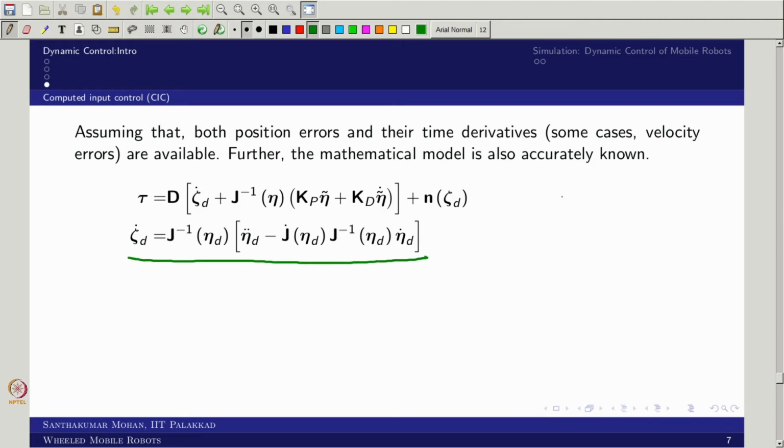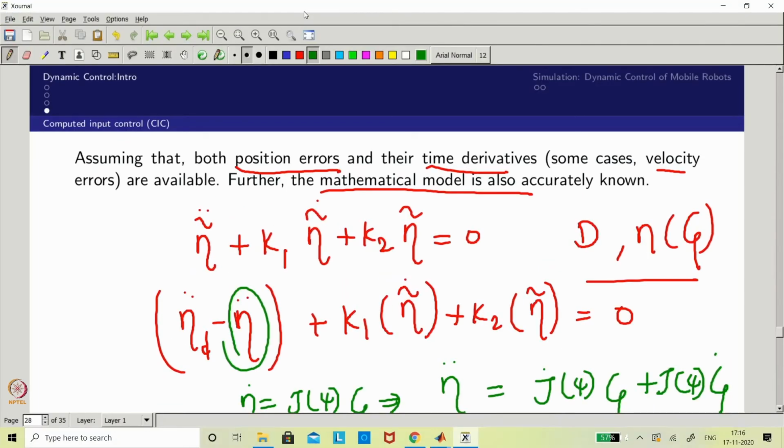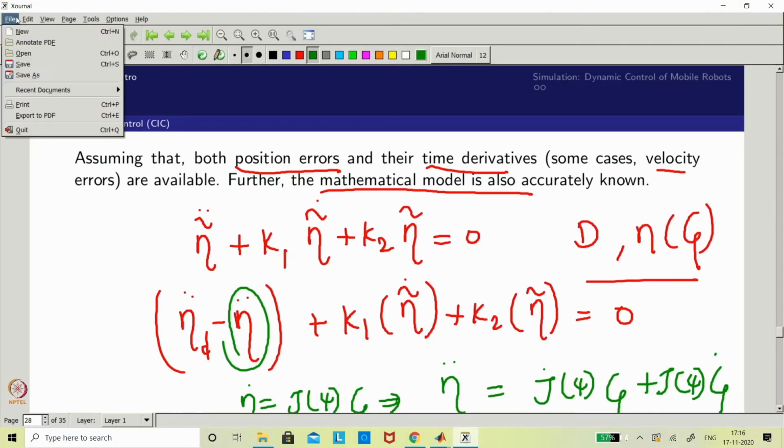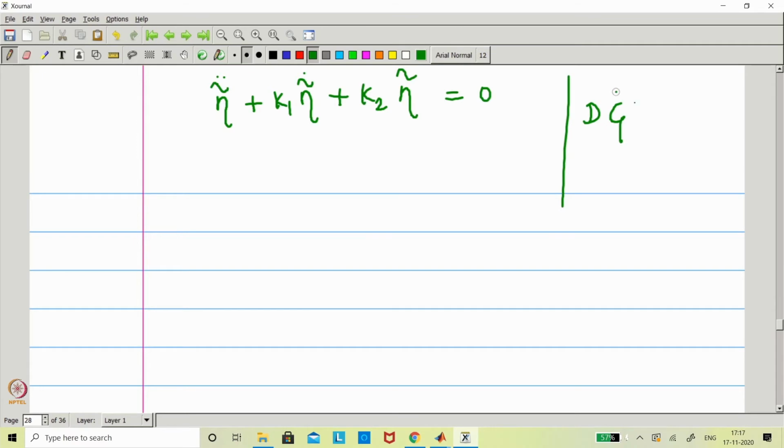For that, I will recall this particular slide itself, and then I will incorporate one more thing. What we are interested in is this. I will rewrite whatever I have written. Further, we know that J of psi eta is eta dot.